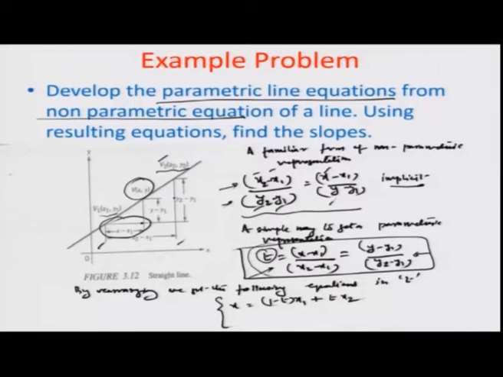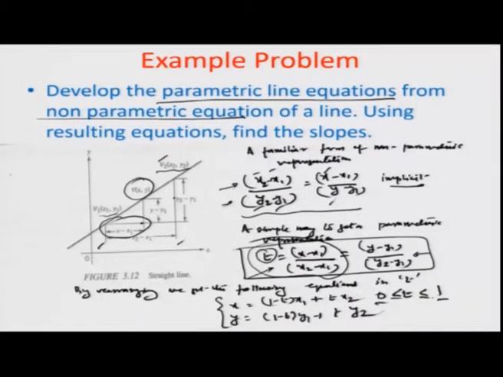You just solve this section of the equation, and y equals (1 minus t) times y1 plus t times y2. So, t of course is a normal variable varying between lower limit 0 and upper limit 1.